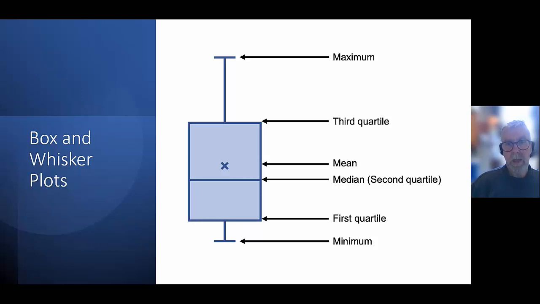The two whiskers on either end of the box are reaching out to the maximum value here at the top and the minimum value at the bottom. Sometimes you won't see these flat ends to the whiskers, but instead the whisker line will just stop. Also, very occasionally, you will see one or two dots appearing beyond the ends of the whiskers.